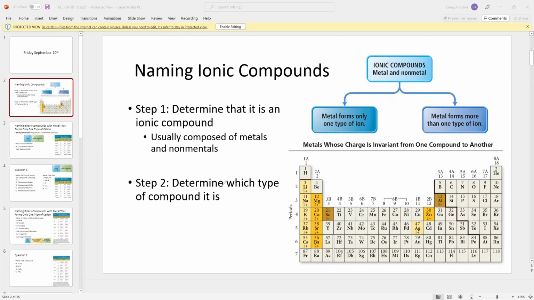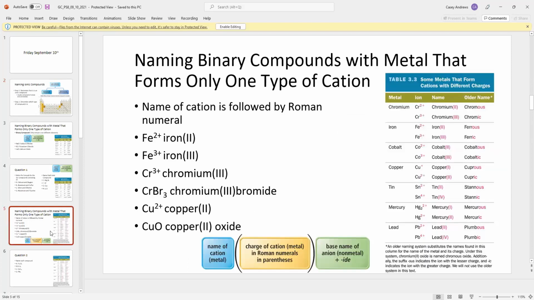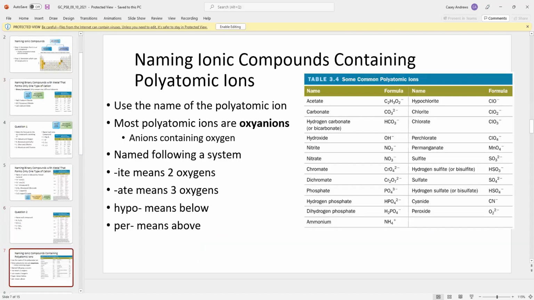And the only caveat to this is when you're doing polyatomic ions, you have to give them their special names. The naming scheme of the metal is the same, iron(II) versus sodium. But if you're giving sodium acetate, that's how you would name it, sodium acetate.